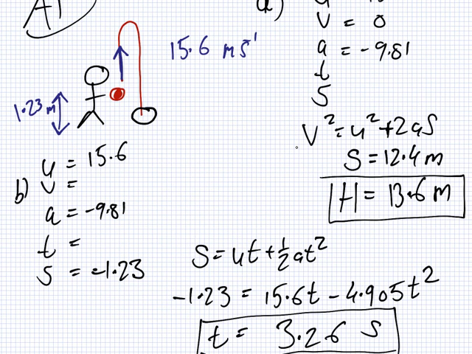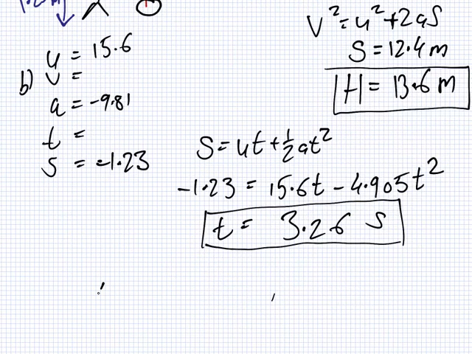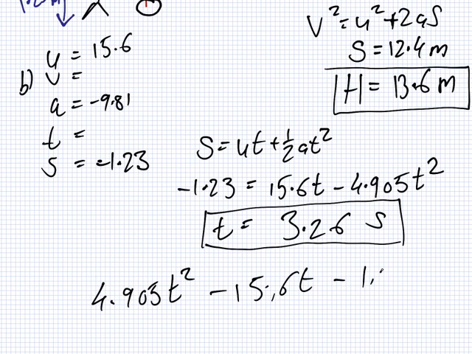In this one here, the equation is 4.905 t squared minus 15.6t minus 1.23.